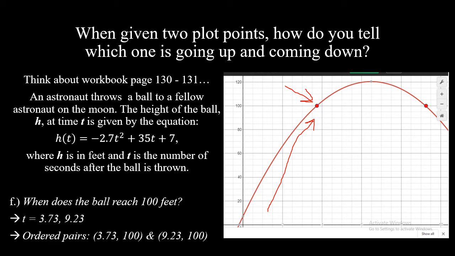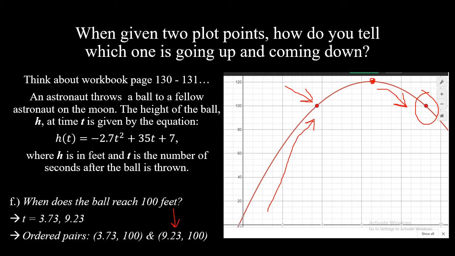But after it hits the vertex, the maximum, the ball is going to start to come down. So your ordered pair with the larger x value, this one right here, is the ball coming down.